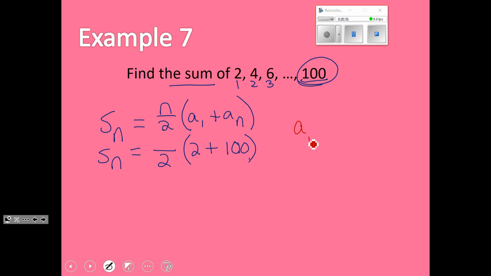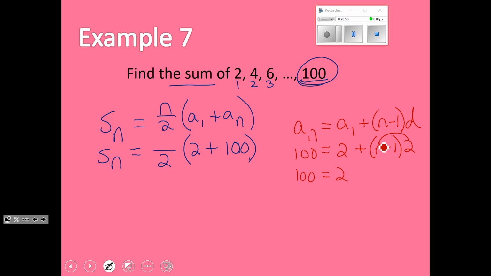Let's go back to our a sub n formula. Let's plug in my first term, which would be 2. I'm looking for my n, and we know the common difference is 2 because I'm adding 2 each time. And we know we're going to go all the way to 100. And we're going to just solve for n.